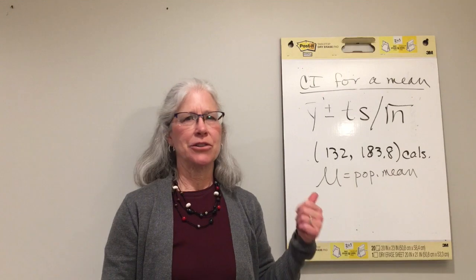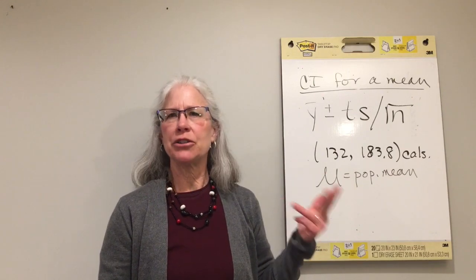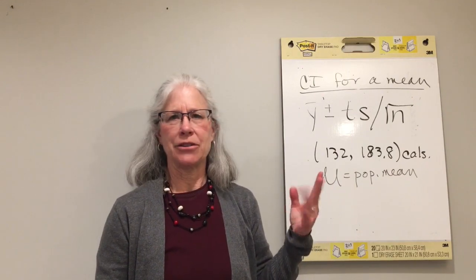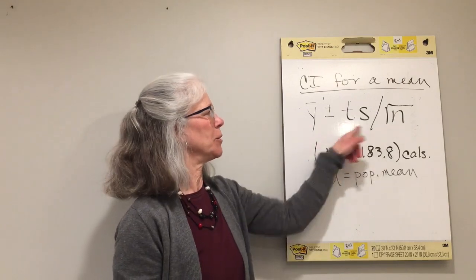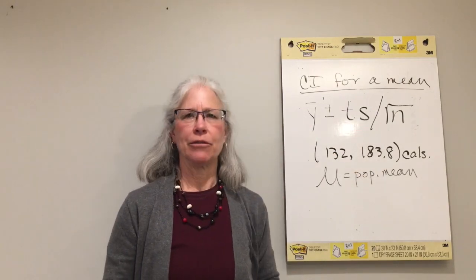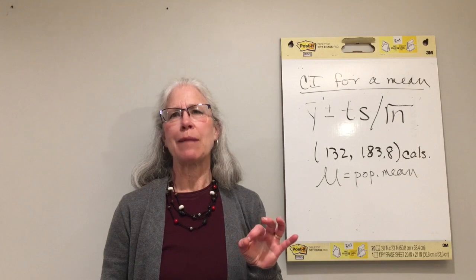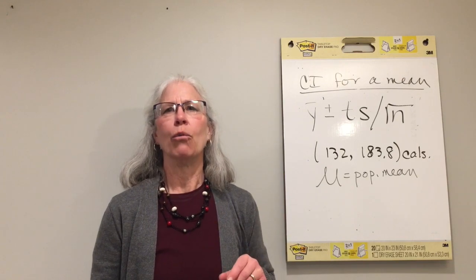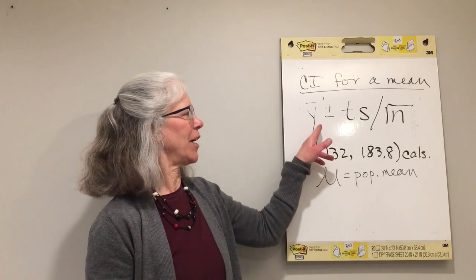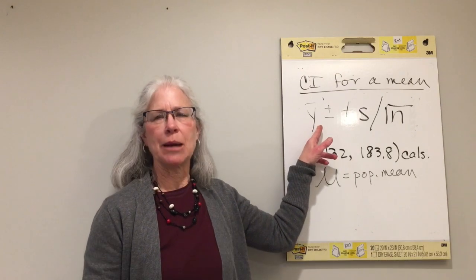So whether that's a volunteer sample or undercoverage or non-response or whatever. None of those things are included in the margin of error or in the confidence interval. So really confidence intervals are sort of optimistic because they only include one kind of error. The idea that this is off from the truth by a little bit because of the sample we happen to get.